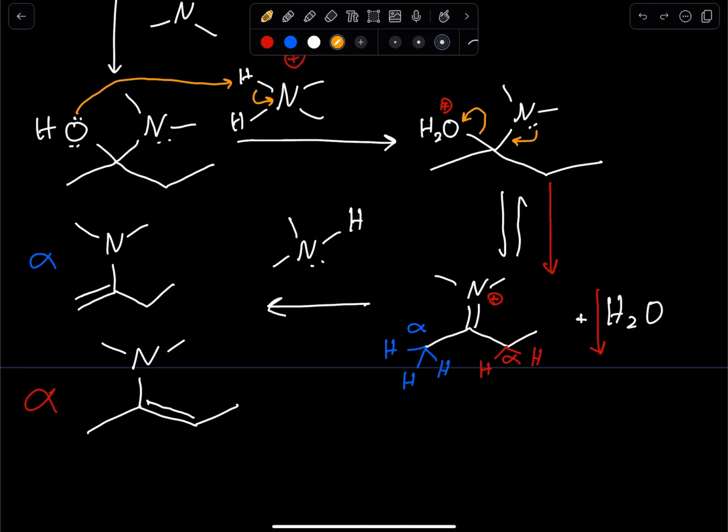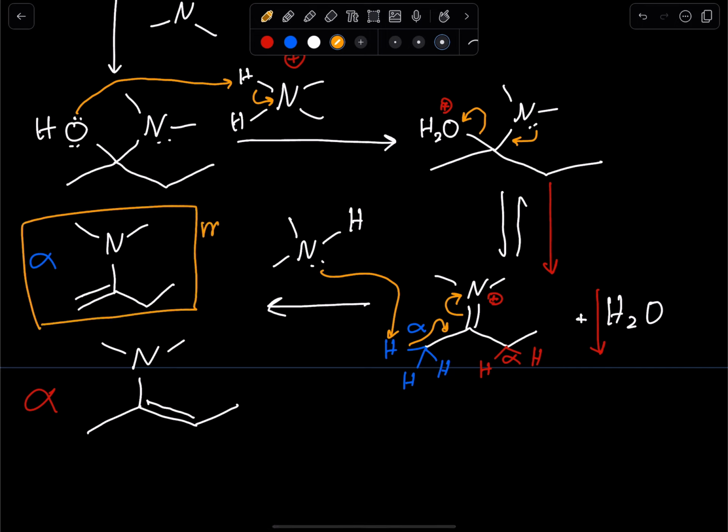You can almost imagine it as a concentration of one of the reactants being higher. So while we do form the more stable product if we take one of these guys, that reaction is slower than taking one of these guys, so this will happen more often. Therefore, this will be the major product. So this is major, and this other one will be the minor product.